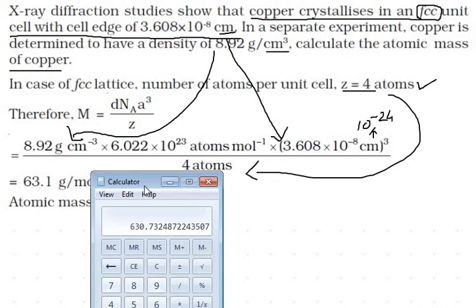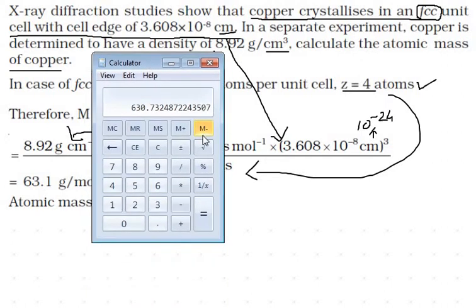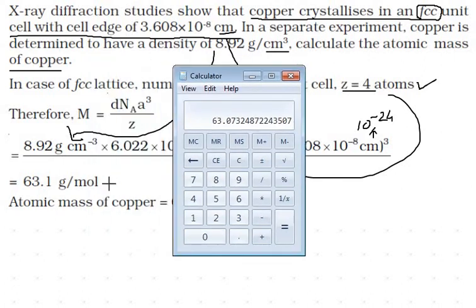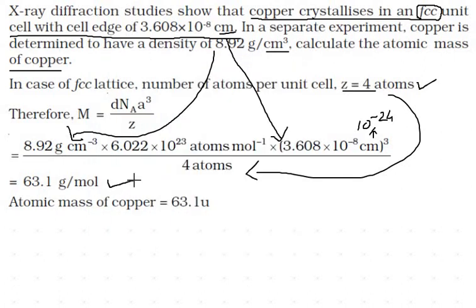So what we are supposed to do? We are supposed to divide this by 10. So your answer comes 63.07. And if you wanted to have your answer in 3 significant figures, then the answer will become 63.1 gram per mole.